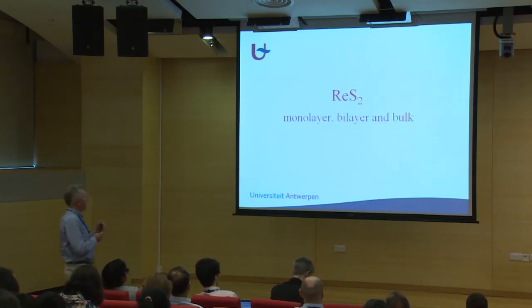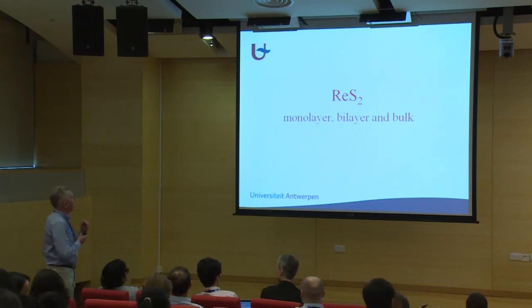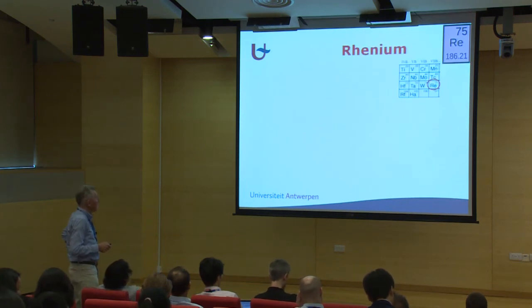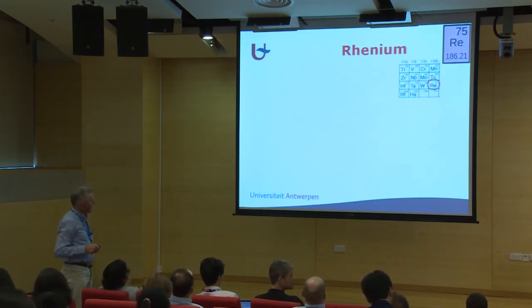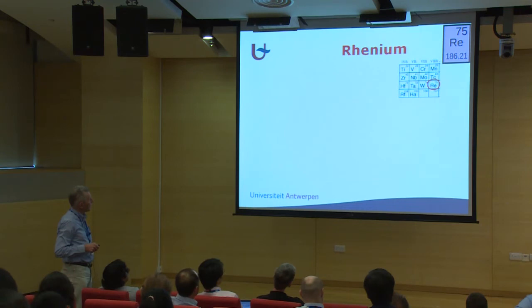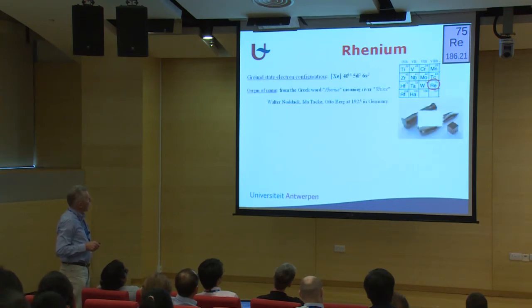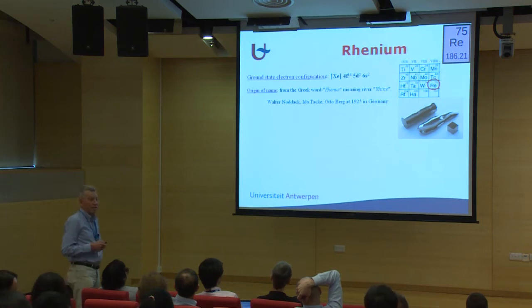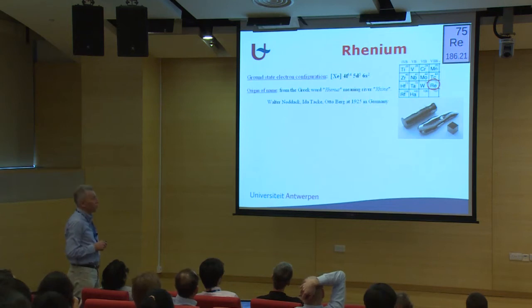In the last part of my talk, I will talk about a new system, which is rhenium disulfide. If you look at the table of Mendeleev, this is where rhenium is, so it has about 7 electrons in the outer shell. Here's tungsten, molybdenum. The name rhenium comes from Rhenus, Latin for the river Rhine, and it was given by Germans in 1925.